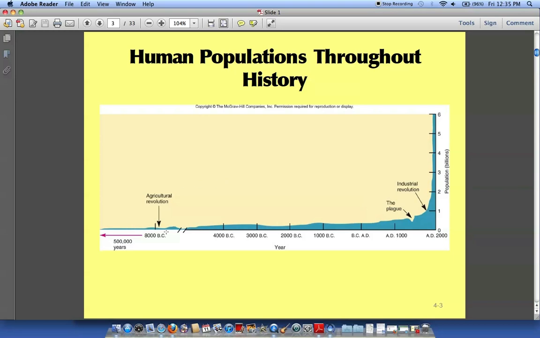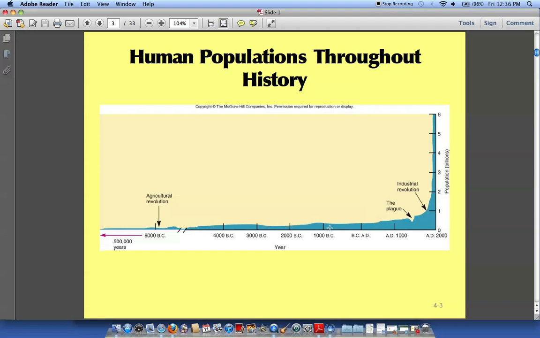And we see here that the human population remains steady. We finally had an agricultural revolution, a few pitfalls. Finally, people were farming and learning how to catch their prey a little bit easier.